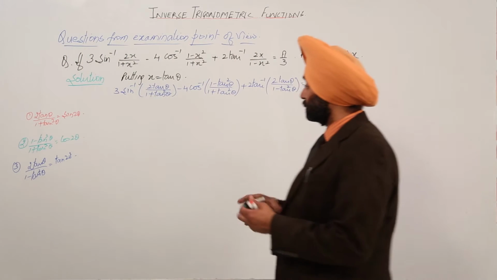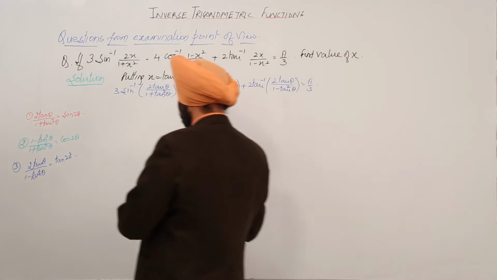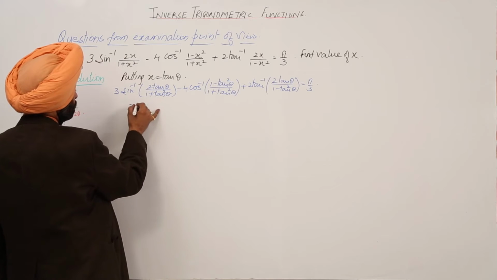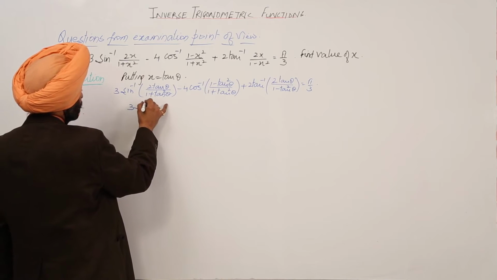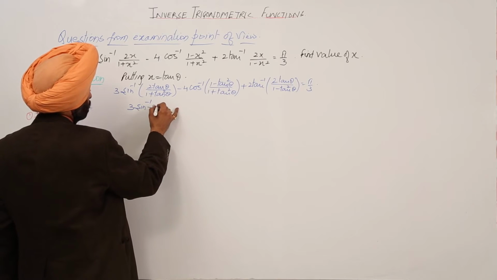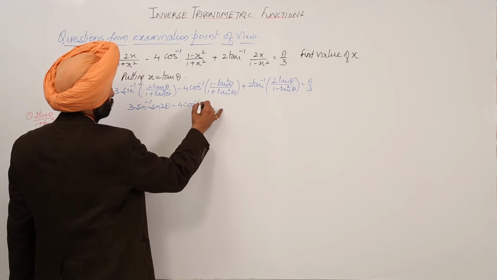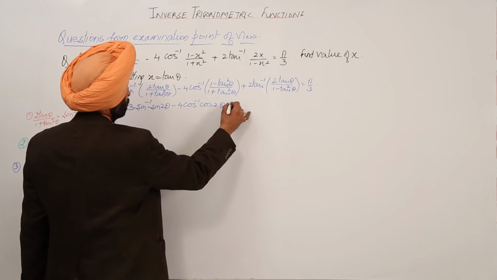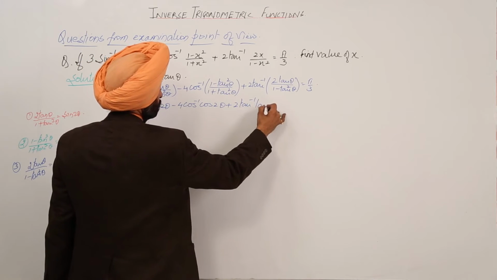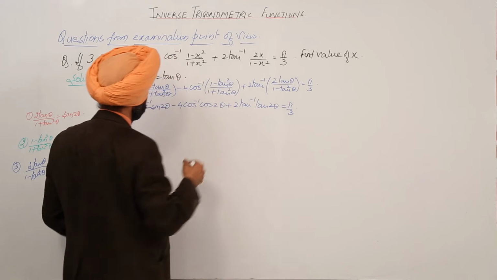Okay, now putting these values in our question, the question becomes 3 sin inverse sin 2 theta minus 4 cos inverse cos 2 theta plus 2 tan inverse tan 2 theta is equal to pi by 3.